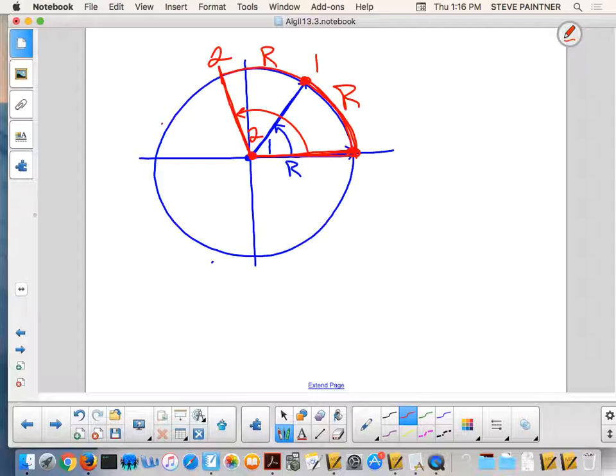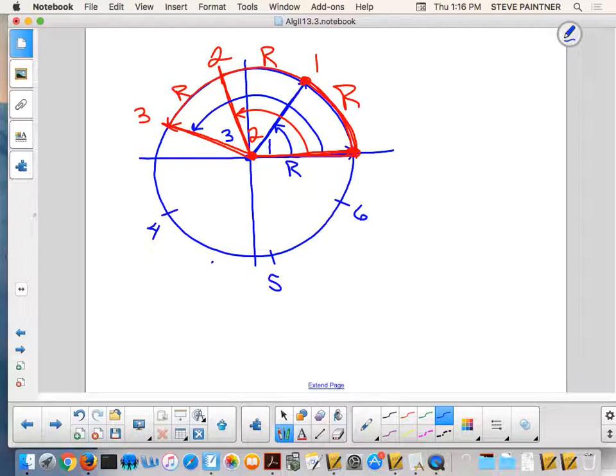Where 3 would be somewhere around here, another radius wrapped around. So this angle would be 3 radians. Okay, and it goes around and around. 4 goes about here. 5 goes about here. 6 about here. You can just put those down. Just kind of trust me for now, that that's where they land.